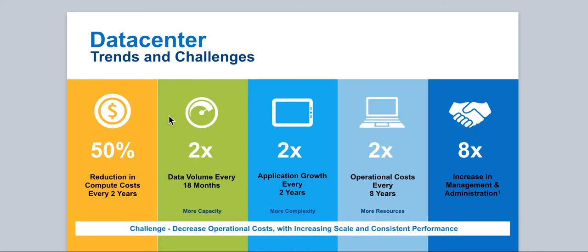And in order to administrate that, the management and admin cost is like 8 times more. So we're facing a challenge here. How do we maintain or decrease operational cost while still accommodating the increase of computing scale and application complexity?